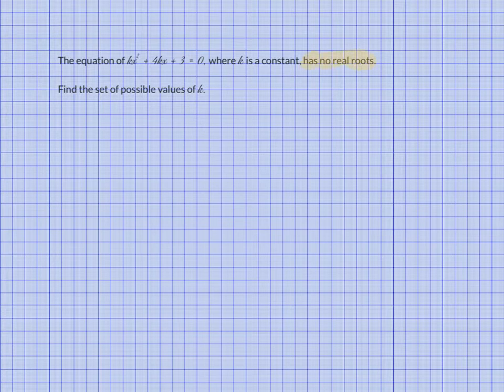Because we know there are no real roots, we're thinking immediately that we should be using the discriminant. The discriminant is d equals b squared, so (4k) all squared minus 4ac, 4k times 3.